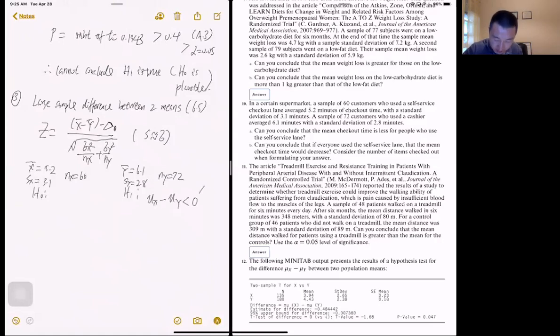And 0 is the theta 0 here. H0 will be the opposite, mu X minus mu Y larger or equal to 0.